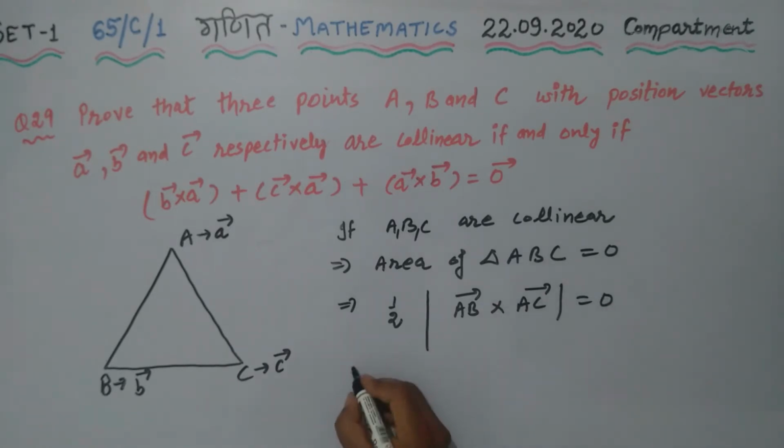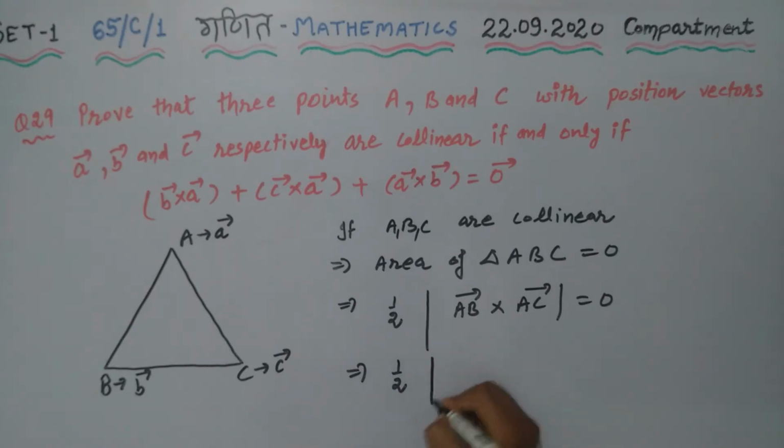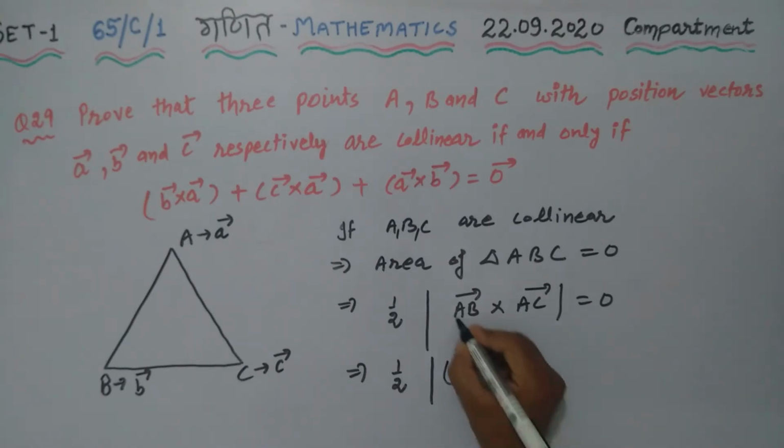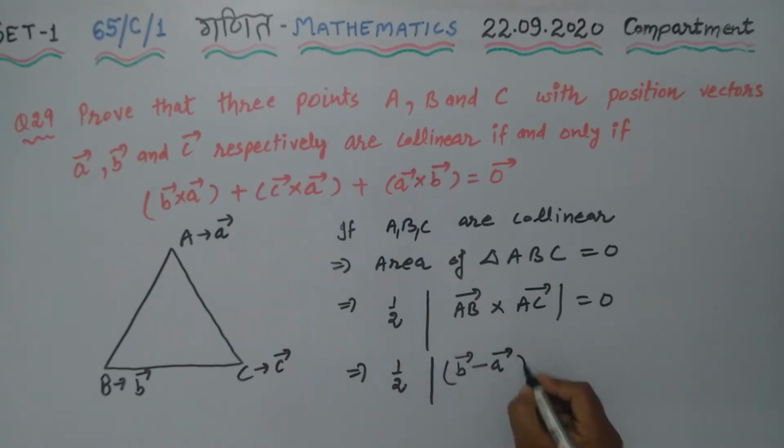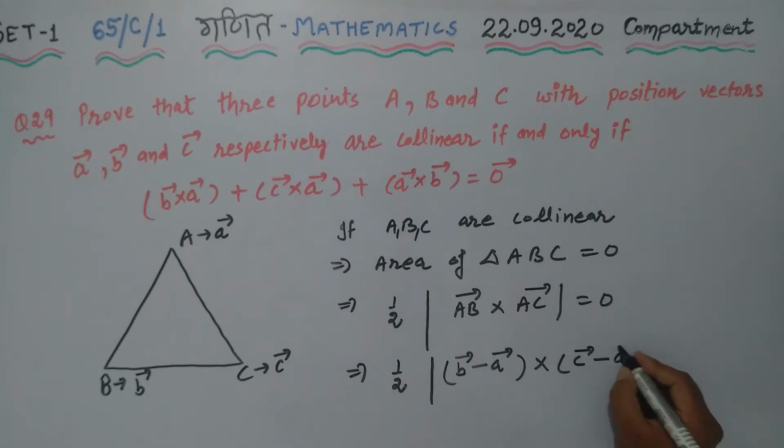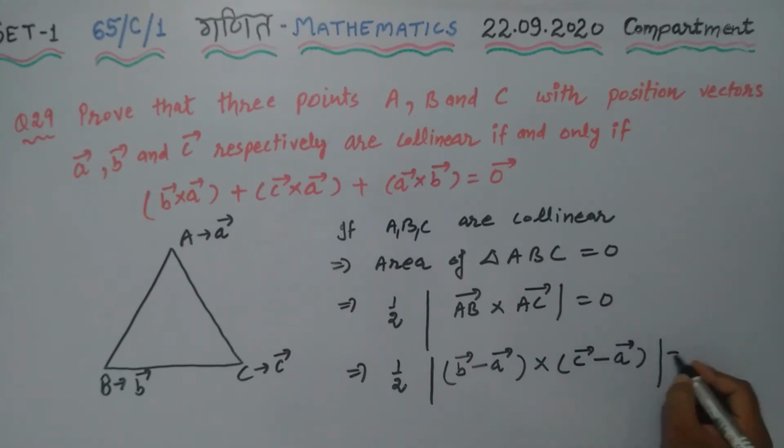So how to find AB? AB means position vector of B, which is b, minus position vector of A, cross AC vector, meaning position vector of C, which is c, minus position vector of A, which is a. This is equal to 0, right? So 0 means the zero vector.